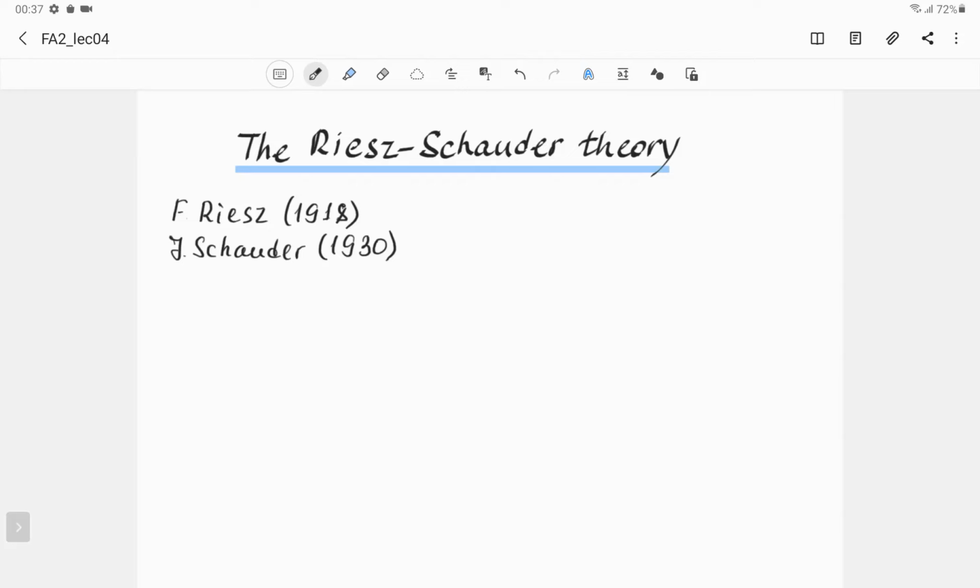Well, the main message of the Riesz-Schauder theory, this theory deals essentially with operators of the form 1 plus K, where 1 is the identity operator on a Banach space, and K is a compact operator. And the main message of this theory is that each operator of this form is a Fredholm operator of index 0.